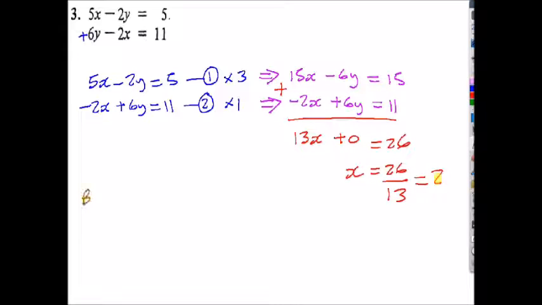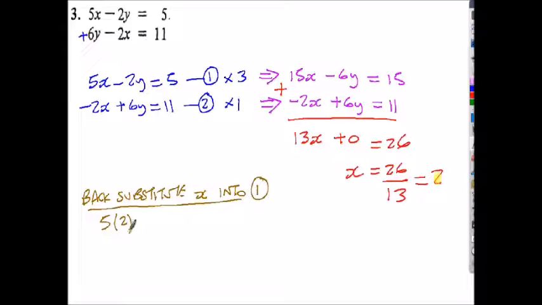We're now going to back substitute the value of x into, and I can choose which equation I want to. I'm going to use equation 1 here. So 5 multiplied by the x, which is 2, minus 2y is equal to 5, so that's 10 minus 2y is equal to 5.